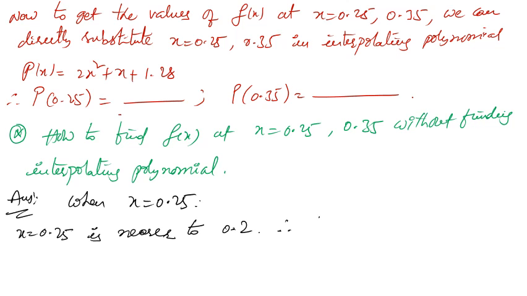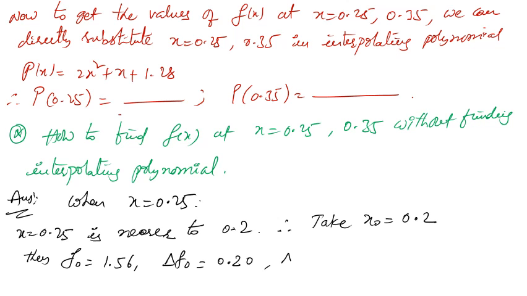Therefore take x naught equal to 0.2. Then when x naught is 0.2, f naught becomes 1.56, del f naught becomes 0.20, del square f naught becomes 0.04, and del cube f naught becomes 0.